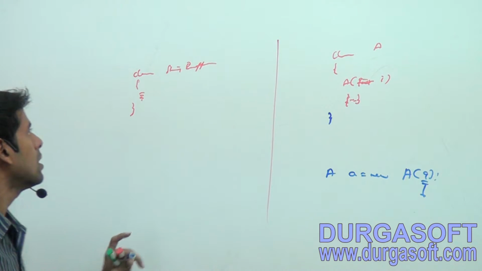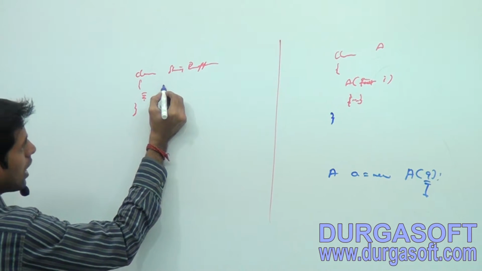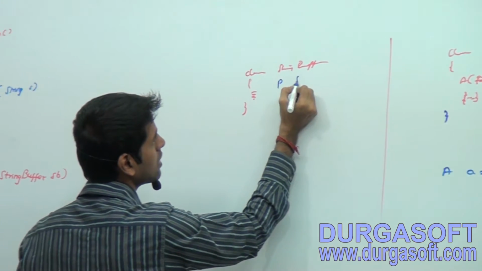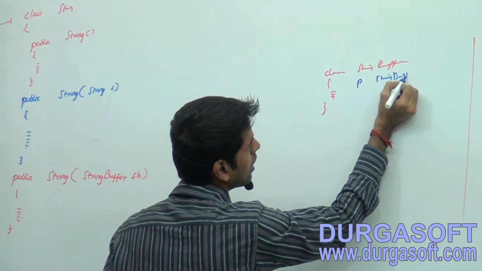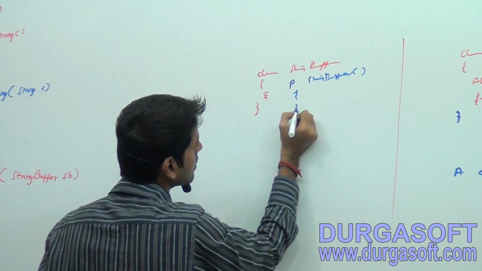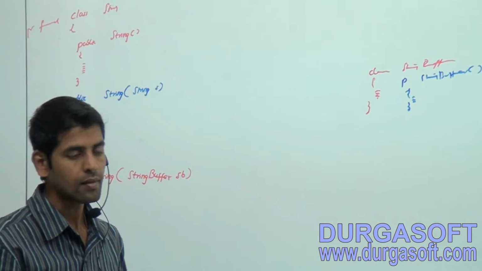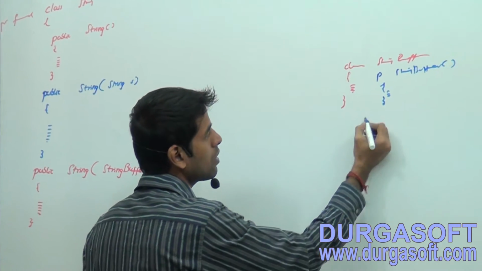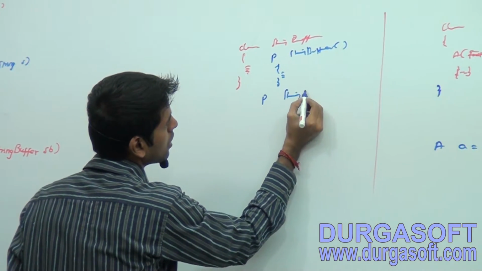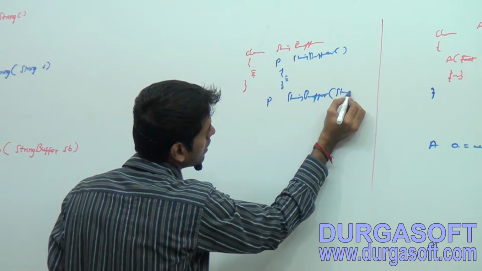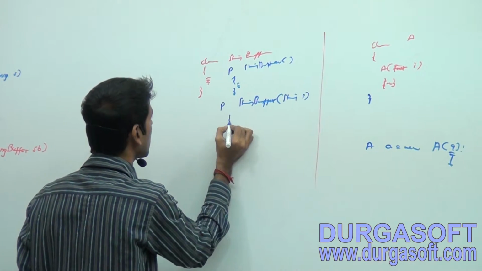Now like that, within the string class you have a few constructors. I am sure one constructor is available with no arguments, and we have one more constructor, String(StringBuffer).